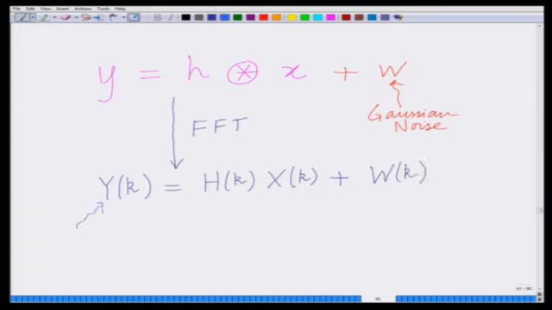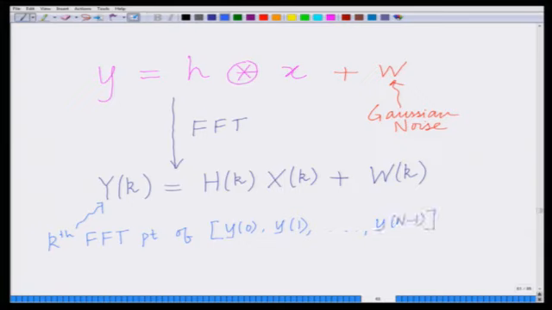So, Yk is the kth FFT point of the received signal y0, y1, up to yn minus 1.